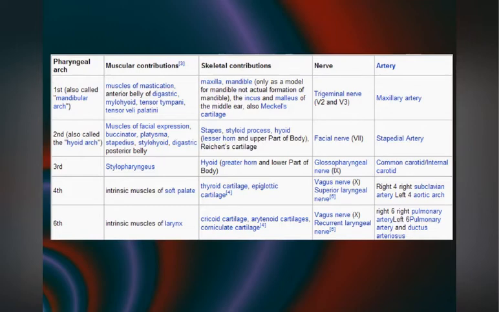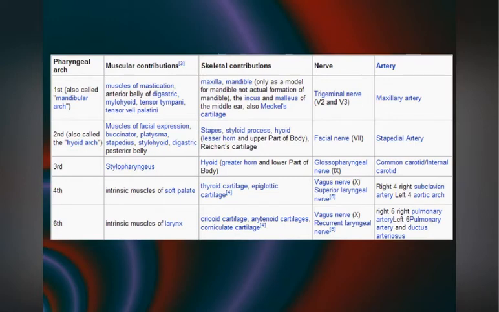In higher vertebrates, including mammals, and as you know, humans are mammals, we only have 5 pharyngeal arches, and the one missing compared to lower vertebrates is the 5th one, not the 6th one. That's why the numbering 1, 2, 3, 4, 6 pharyngeal arches.